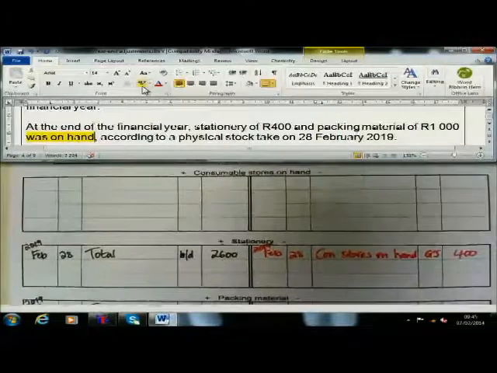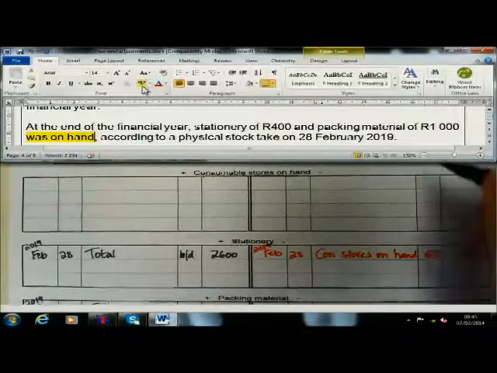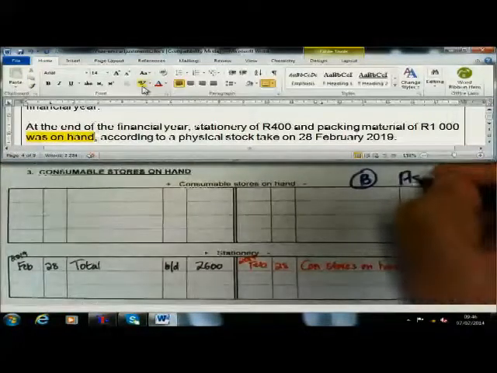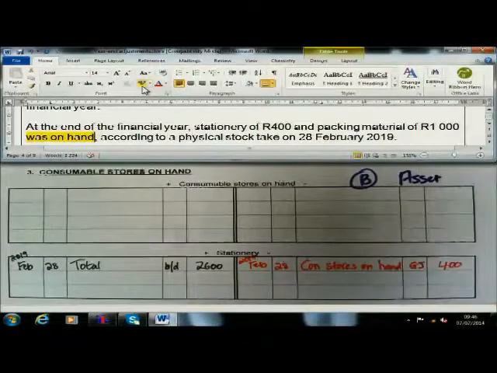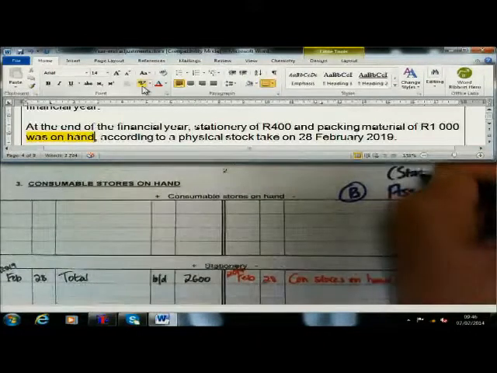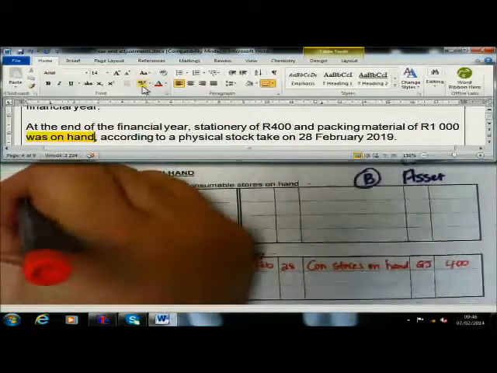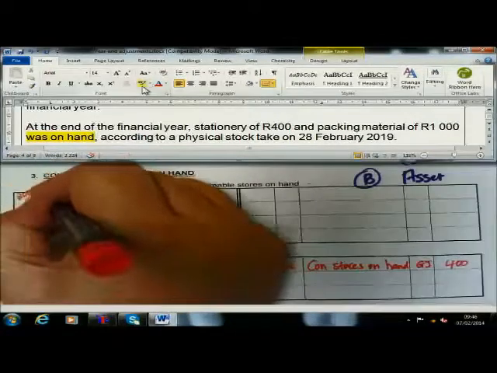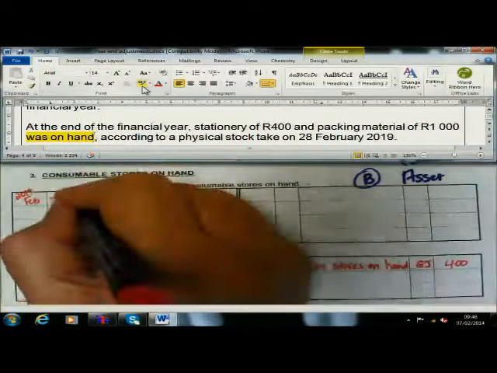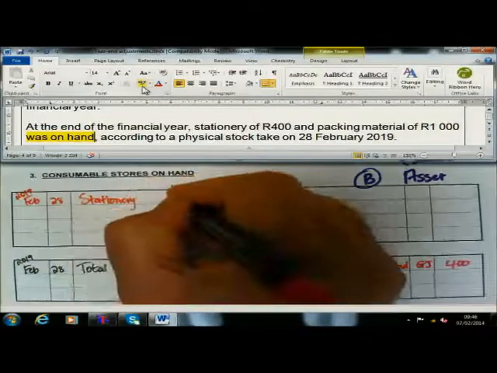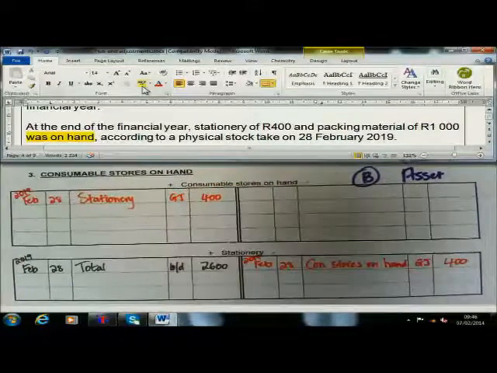Your consumable stores on hand is a balance sheet account. It is an asset for the business because it's stock. It's the same as stock. You count it according to a stock taking. So on the debit side of consumable stores on hand, on the last day of the year, February 28, we put the stationery, 400 Rand. So what was the amount of stationery that we used?